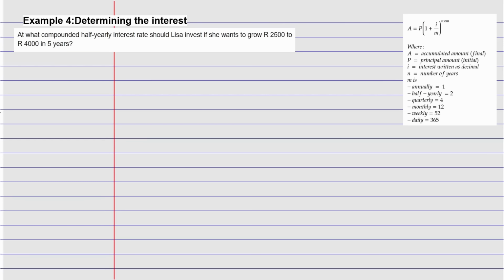So let's write everything that we need here: A, P, I, N, and M. The highest amount, 4,000, is going to be A. Our principal is going to be the 2,500. Our I here is what we want. N is 5 years. And it is compounded half yearly, so M is going to be 2.